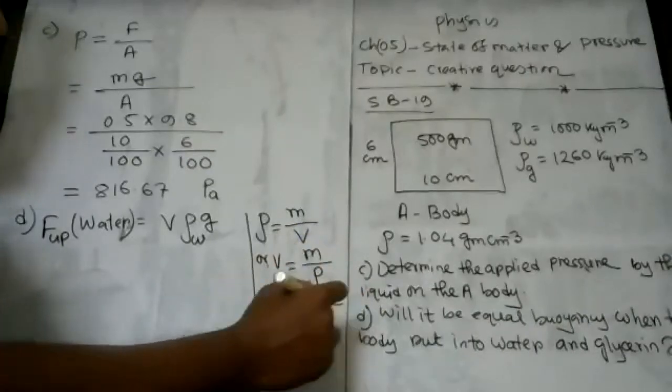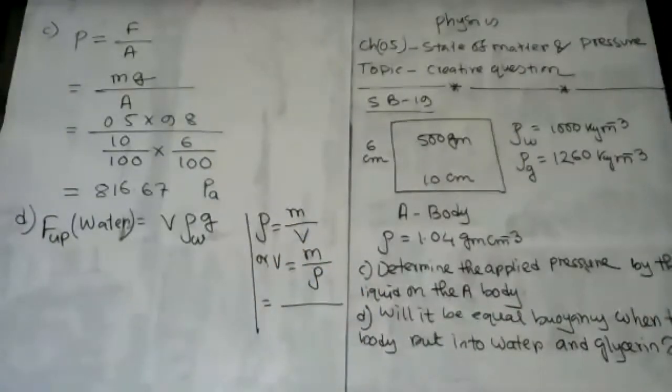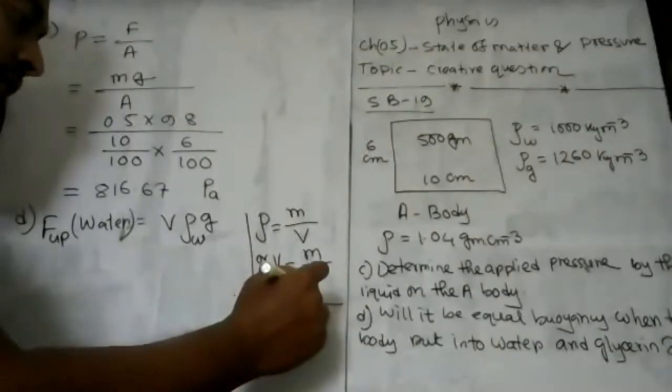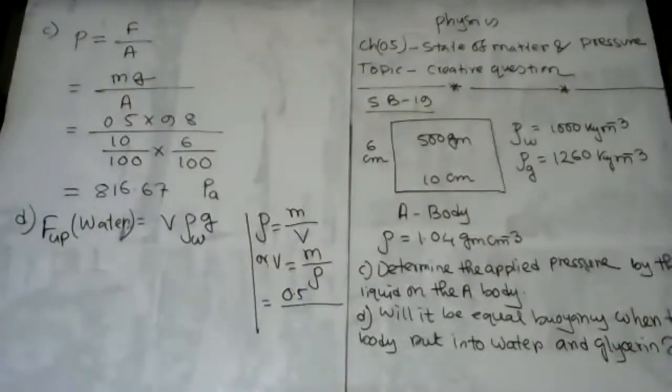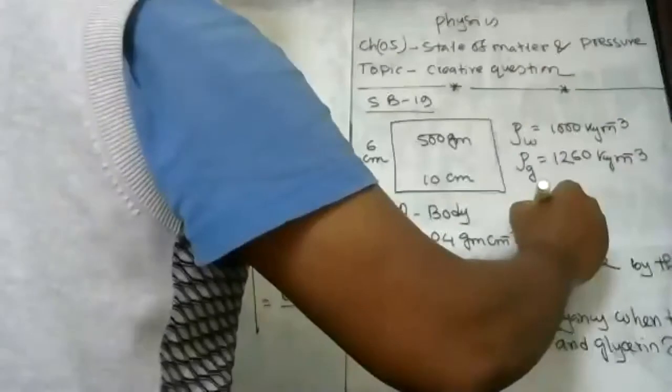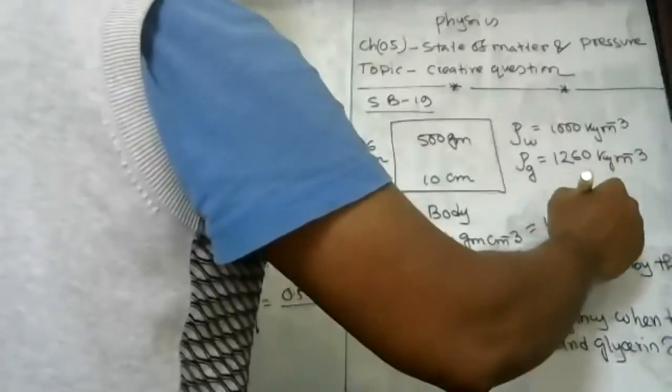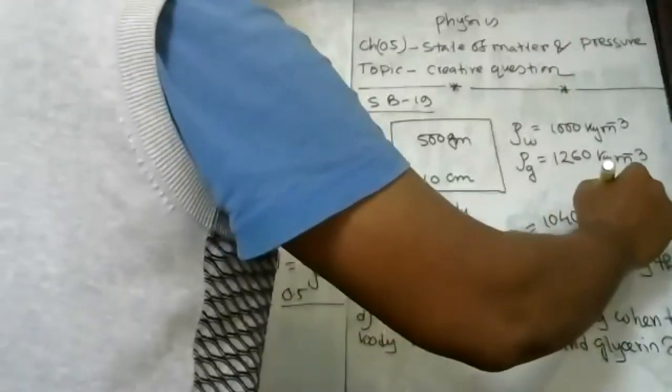Mass is 500 gram, 0.5 kg, and the density rho is 1.04 gram per cc. When you multiply it by 1000, it converts into kg per meter cube, so it equals 1040 kg per meter cube.